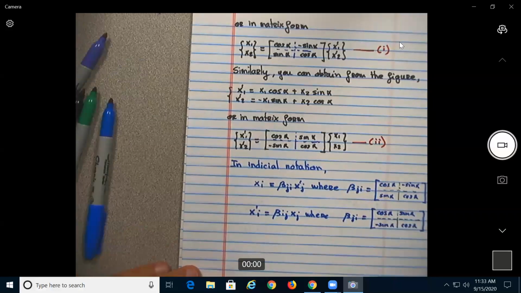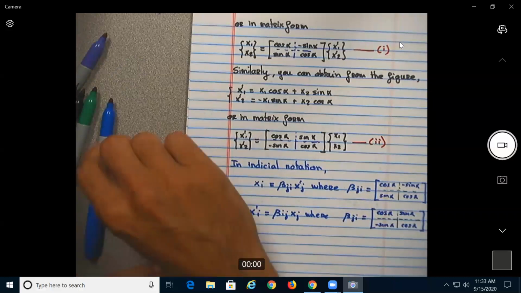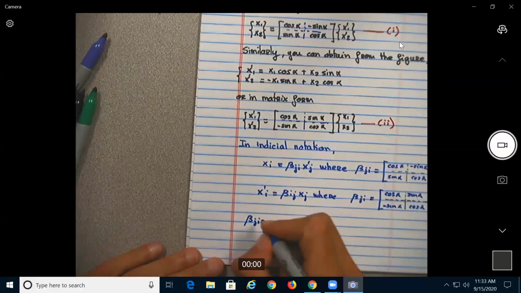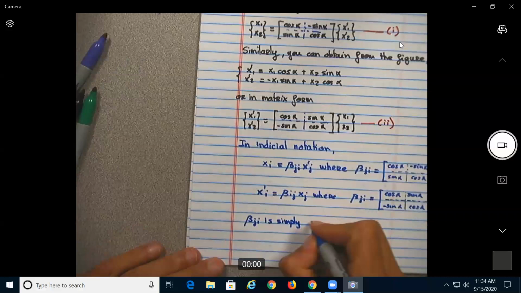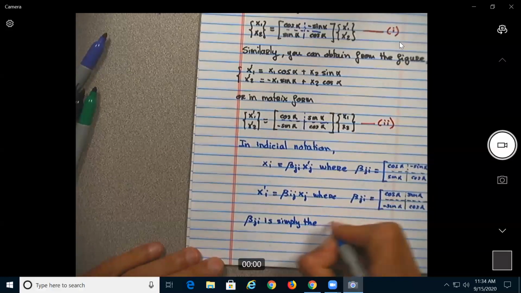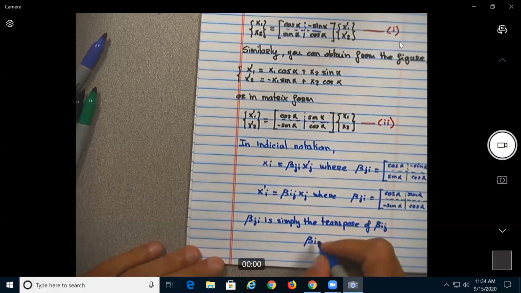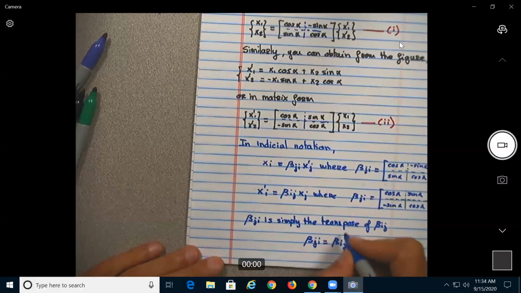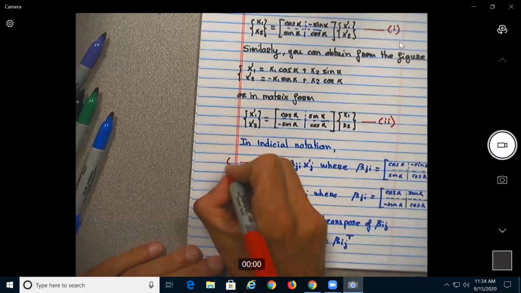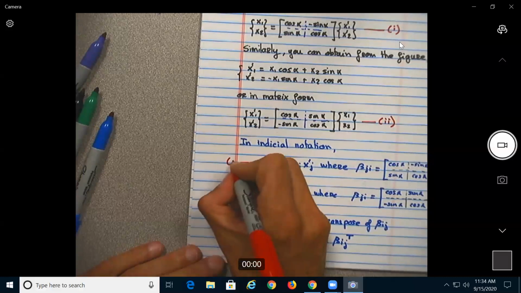Okay, so over here you can see that beta ji is simply the transpose of beta ij. So this will be 1, this will be 2, okay? And you can have this equation, this will be the transpose.